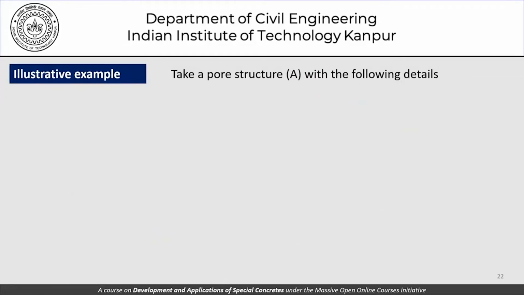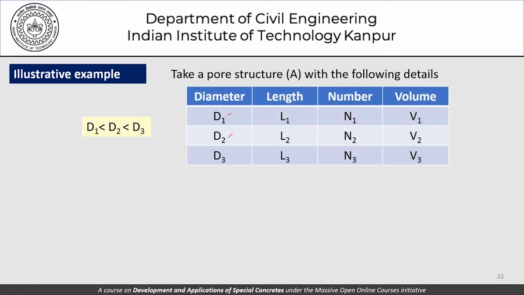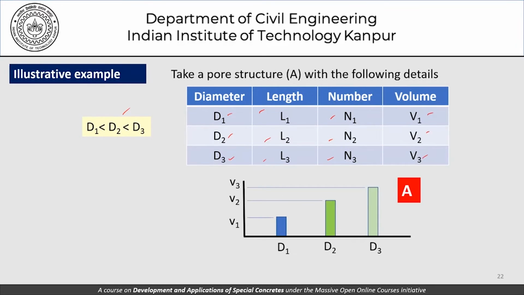We try to take a pore structure with the following details. We are conceptually extending what we did in the previous slide. There is a D1, D2, D3, D1 less than D2 less than D3, lengths associated such and such, the numbers associated with them so much, and we'll have certain volumes associated with them. Now it's always possible that we try to draw this diagram.